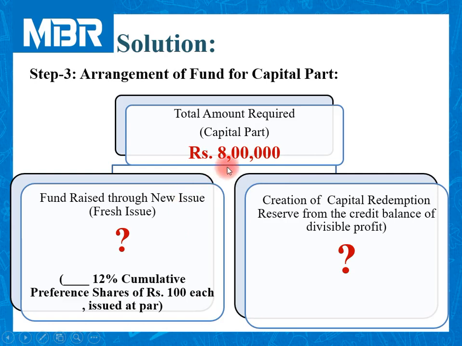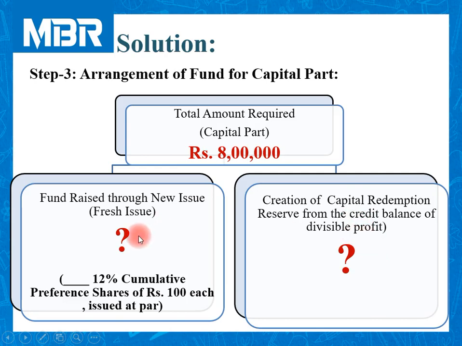And for the purpose of collection of these 8 lakhs, we have two different options. First, to raise the fund by fresh issue of shares, and second, to create CRR from the credit balance of divisible profit.